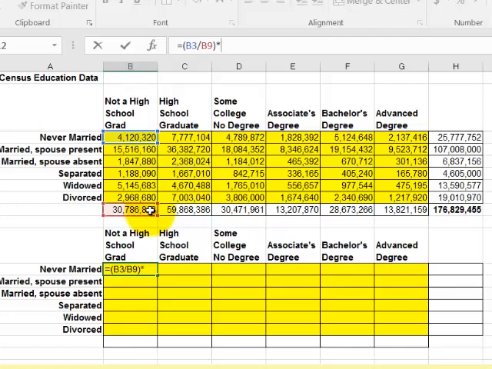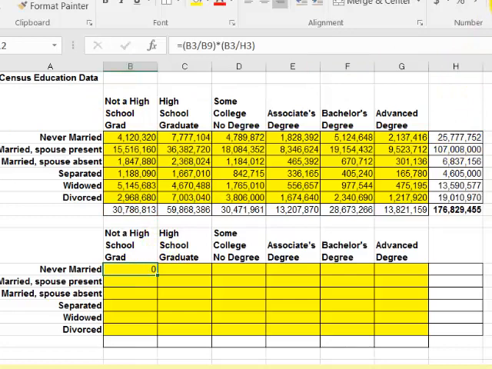That's the asterisk, Shift 8. Now we're going to multiply it by the other probability, of never being married. So it's going to be times parenthesis, this again divided by this total, close parenthesis, enter.